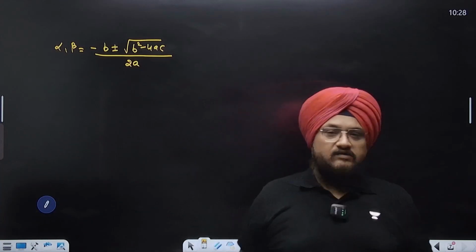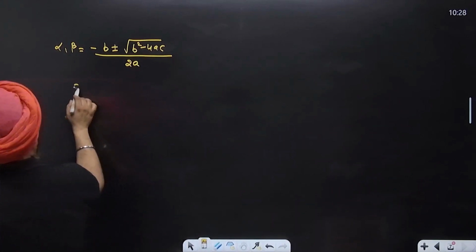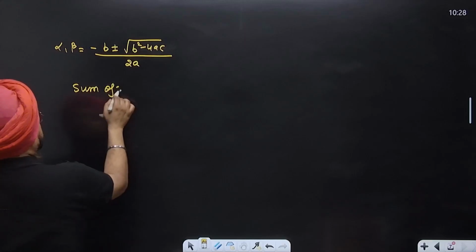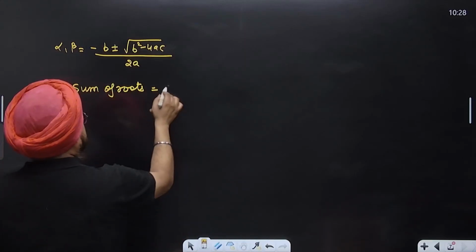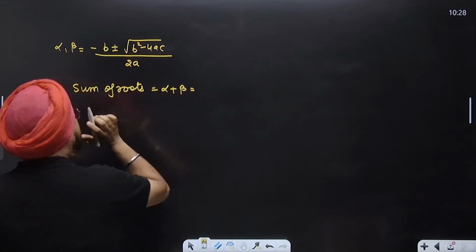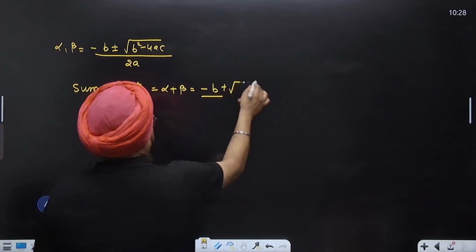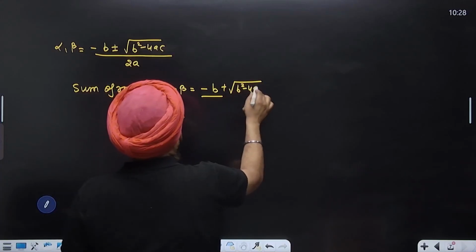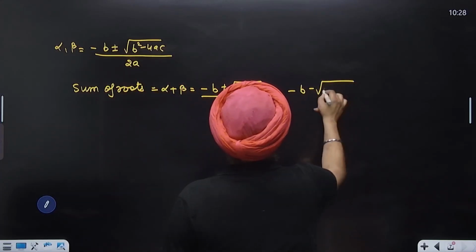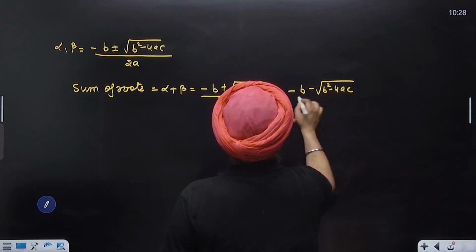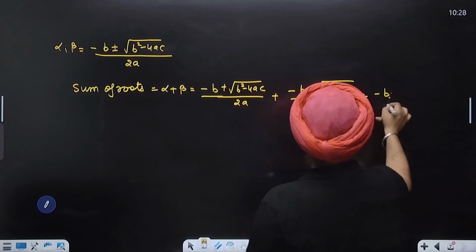Now what I will do, I will find the relation between roots and coefficients. So sum of roots, which is alpha plus beta, is minus b plus root b square minus 4ac upon 2a, plus minus b minus root b square minus 4ac upon 2a, which is minus b by a.